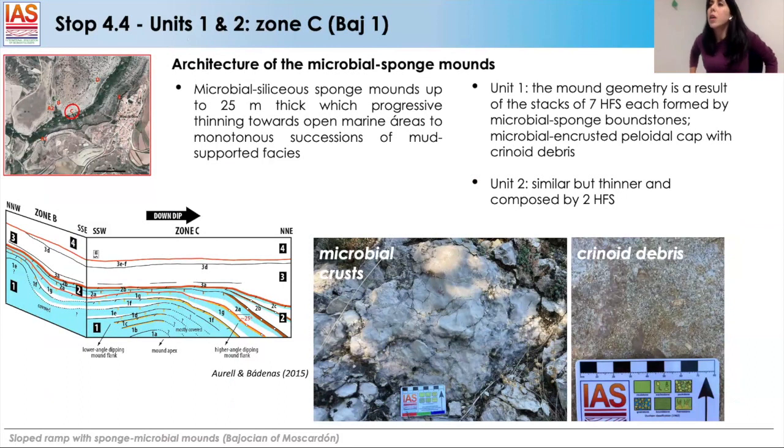In this case, we have microbial siliceous sponge mounds up to 25 meters thick, with progressive thinning toward open marly areas, changing into a monotonous succession of mud-supported facies. The main difference between unit 1 and unit 2 is that unit 2 has similar characteristics but is thinner and composed of 2 high-frequency sequences instead of 7 as in unit 1.